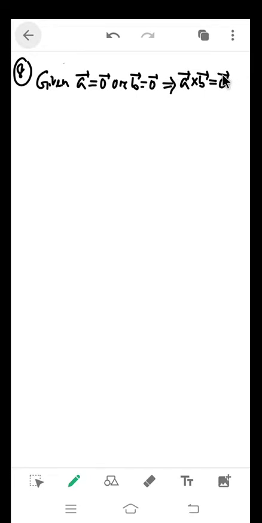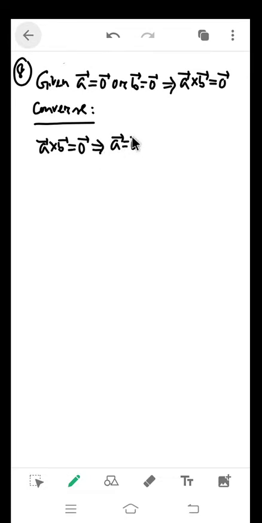But our question is whether the converse is true or not. You have to justify by an example. So the converse will be what? When you write its converse, what will be the converse statement? That means A cross B equal to 0 must imply that either A equal to 0 or B equal to 0.